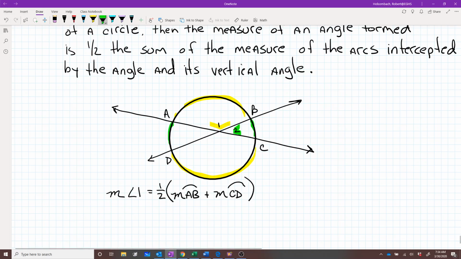Okay? So the measure of angle 2 would be equal to 1/2 the measure of arc BC plus the measure of arc AD.